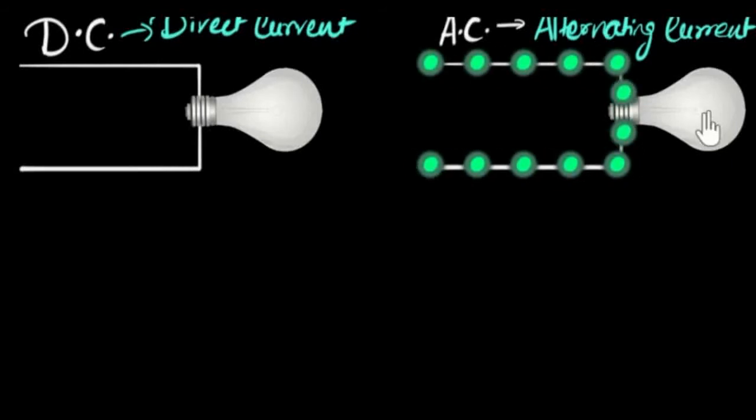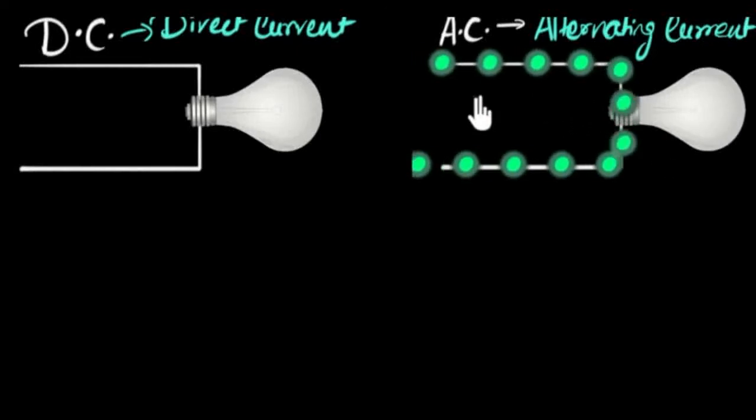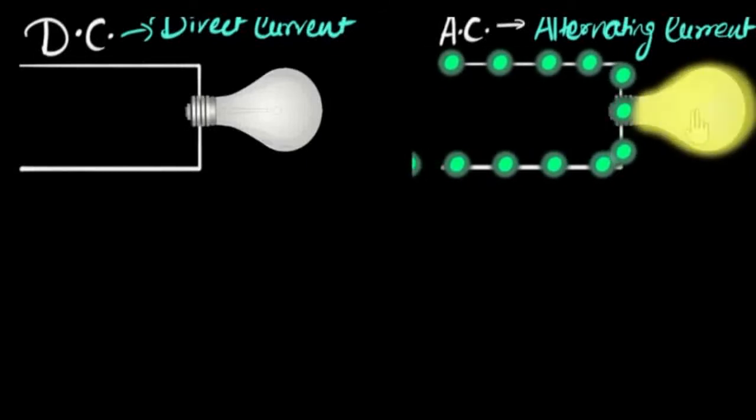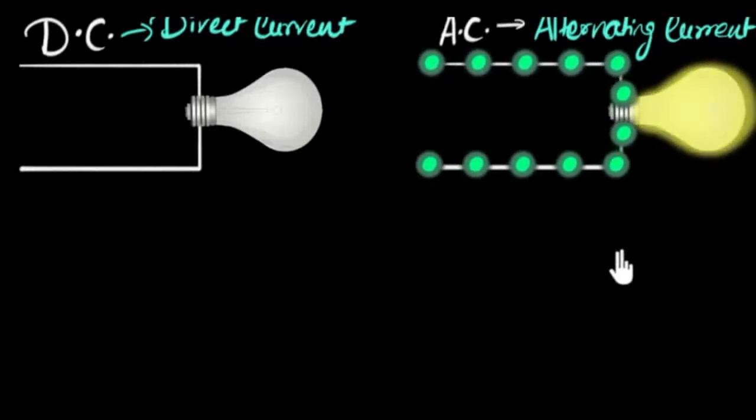Now because of the flow of electrons, the filament will heat up and this will make the bulb glow. That is how we are getting light from the bulb. Okay, so this is how we are getting light from AC.